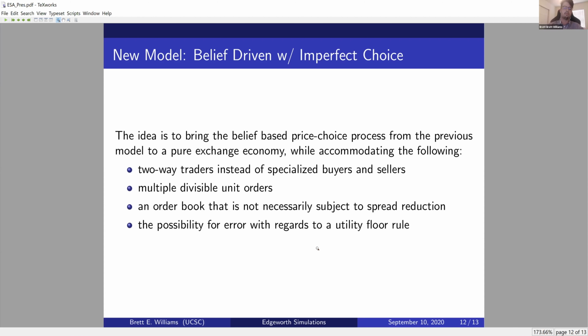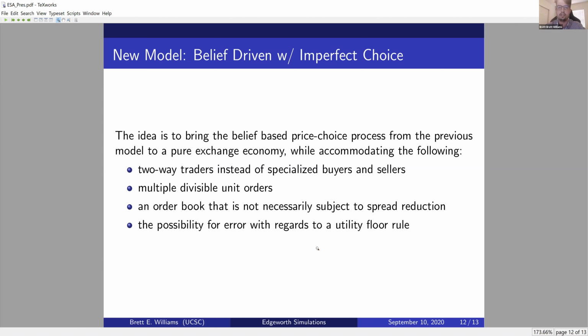The new model moving forward that I'm trying to instill is going to have this same type of belief-based price choice process, also in a pure exchange economy, but with two-way traders instead of specialized buyers and sellers, multiple divisible unit orders, and an order book that is not necessarily subject to a spread reduction rule. So you can post to an order book without it being the highest bid or the lowest ask.